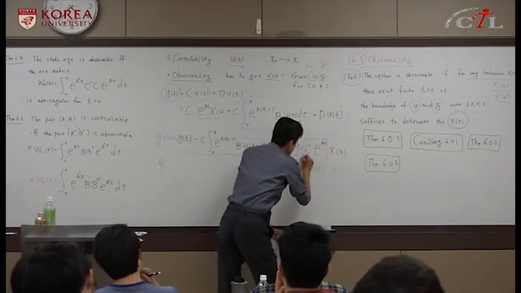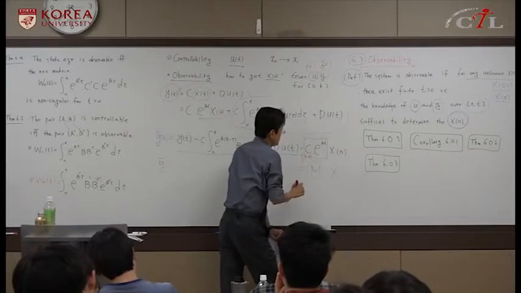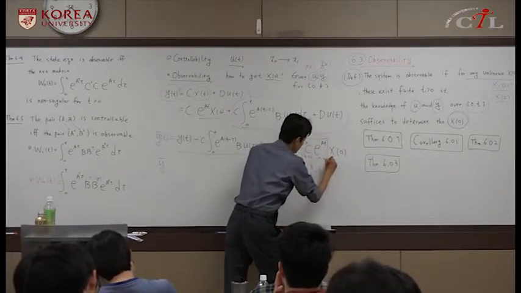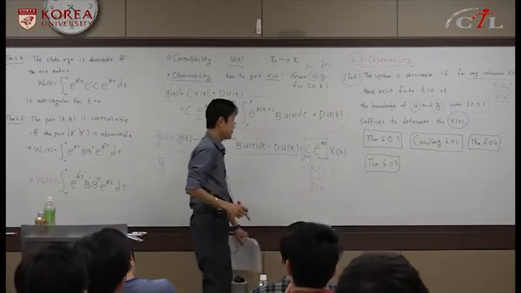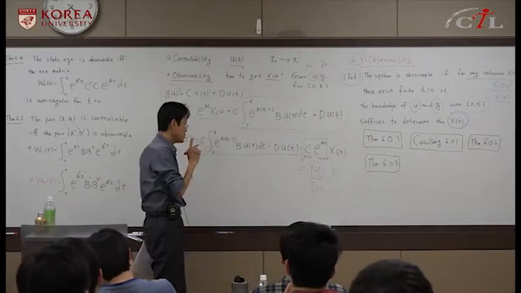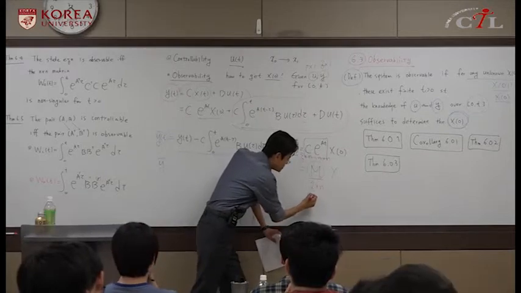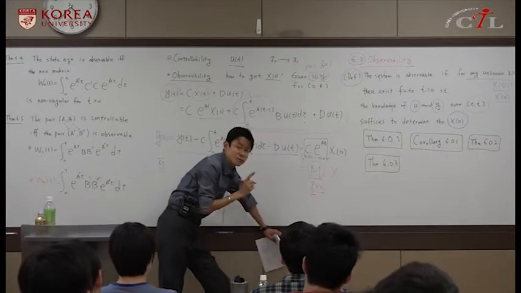Then C is q by n, this is n by n. So the whole matrix M is q by n. q is the number of measurements and n is the number of states.